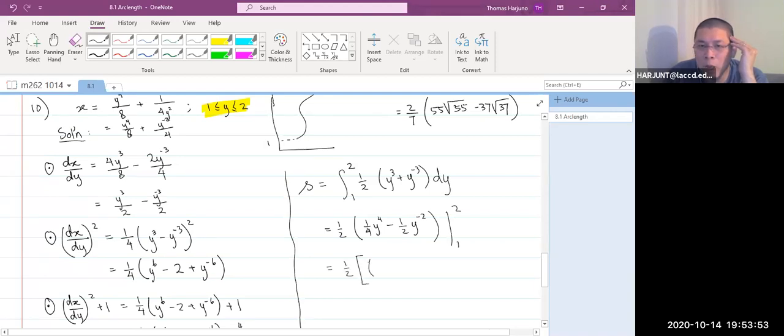So when y equals 2, that will be 4 here minus 1/8, minus when y equals 1. Okay, and from there just compute it as usual.